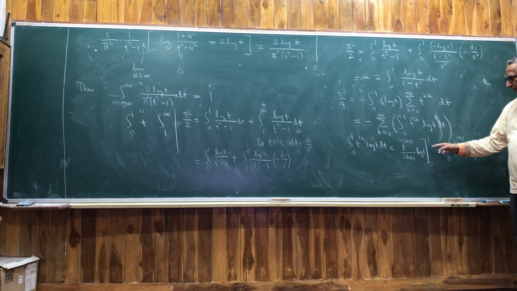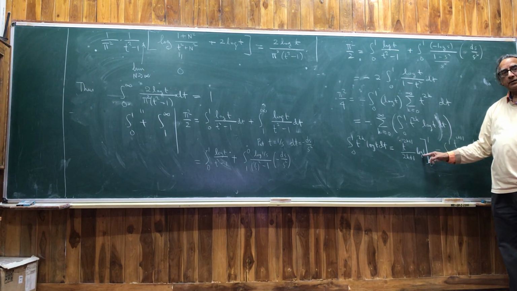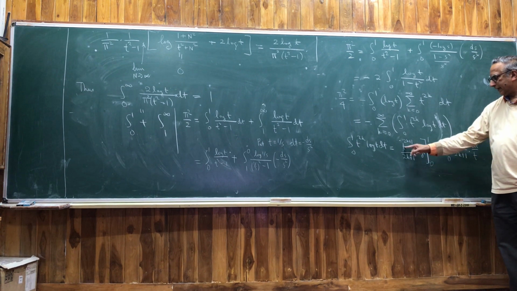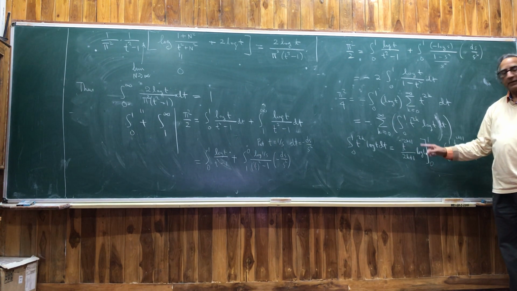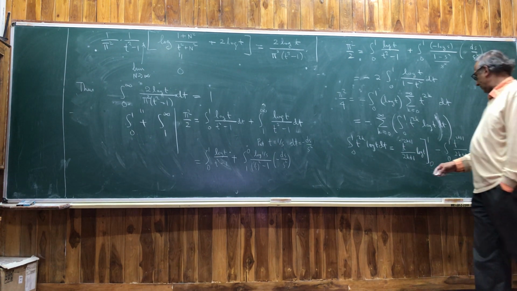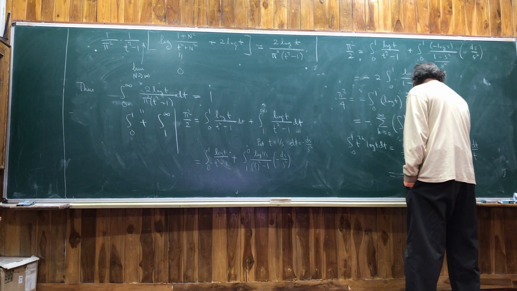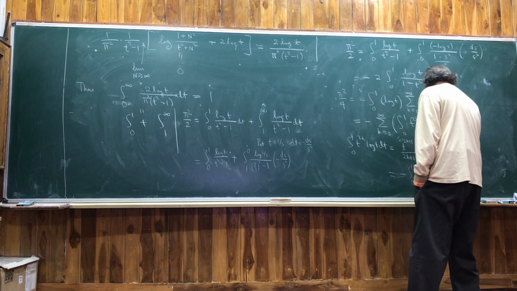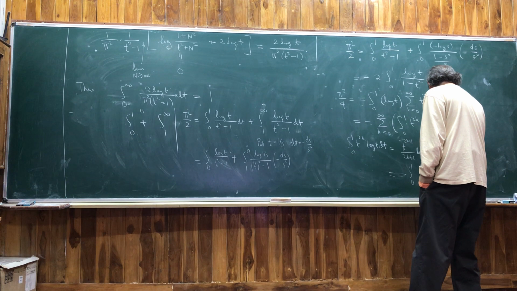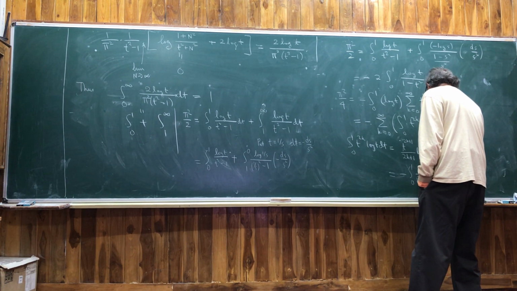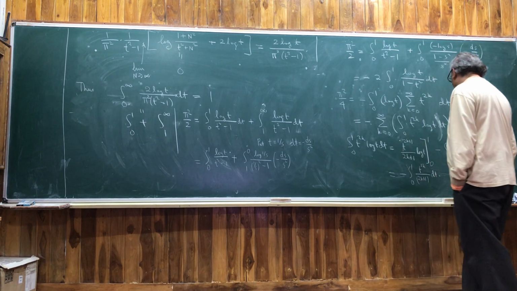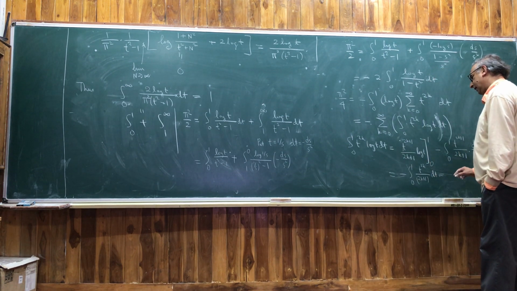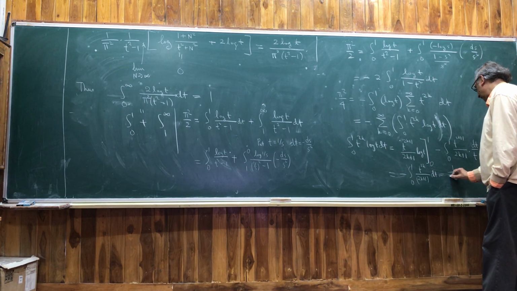And when t equals 1, this guy disappears. And when t equals 0, that kills this guy. So both of these go away. And so now we have minus the integral 0 to 1 of t to the 2k over 2k plus 1 dt, which gives you 1 over 2k plus 1 squared.